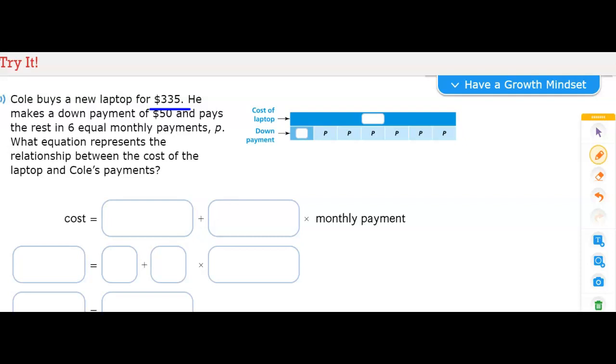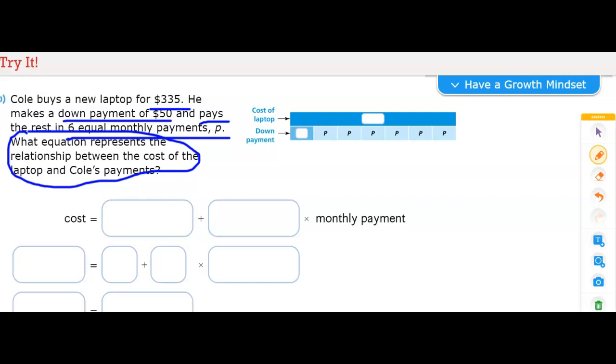It also tells us he makes a down payment of $50 and pays the rest in 6 equal payments, P. So they're telling us the variable we're going to use for his payments will be P. And then the question is, what equation represents the relationship between the cost of the laptop and Cole's payments?